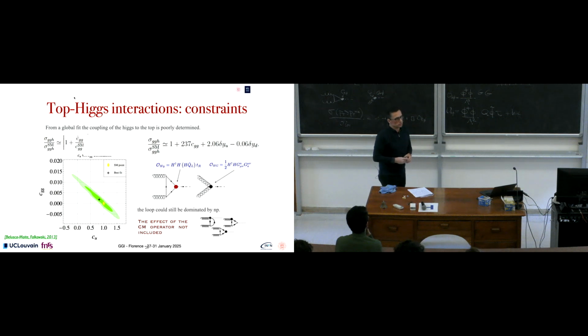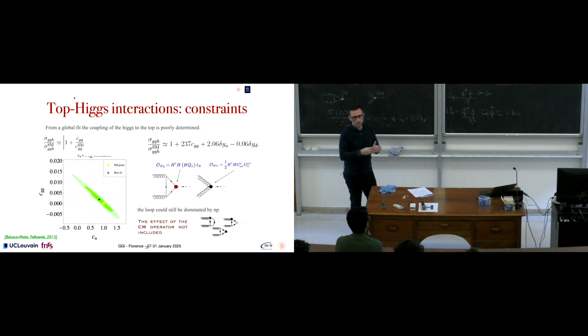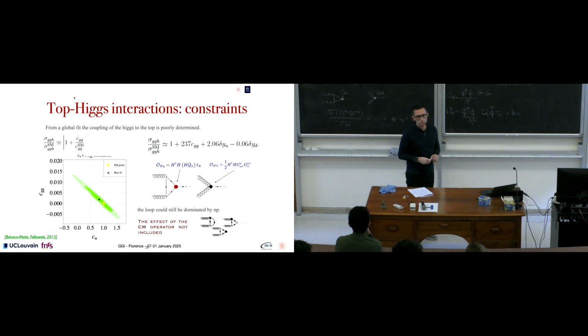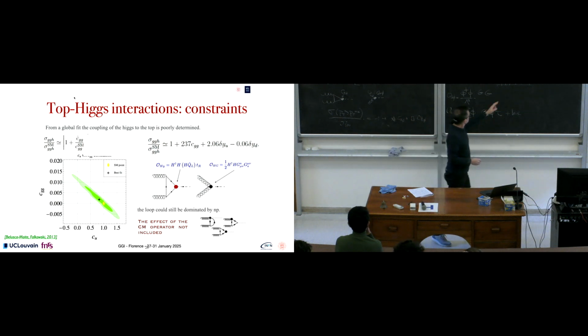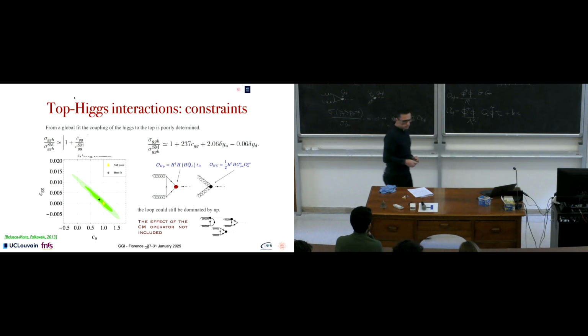So you need flavor assumptions, some kind of symmetries, and we use very simple ones. This reduces the operators to around 100, and then we have enough observables to do that, also because each distribution is actually bringing different information.